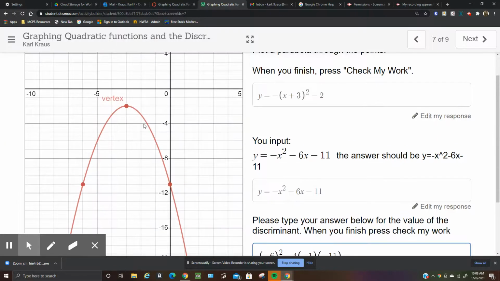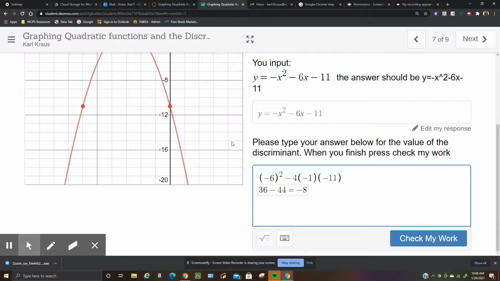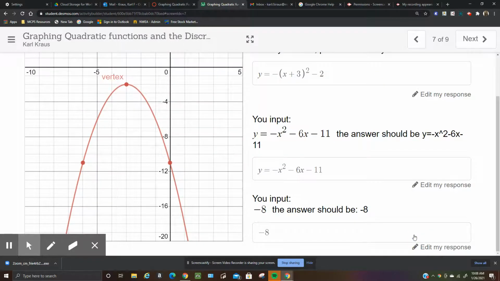And then when I look at this graph, once again, it doesn't cross the x-axis, so negative discriminant means I have two imaginary or complex solutions there. I input negative 8 and it matches what the answer should be.